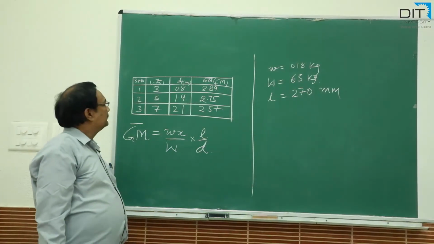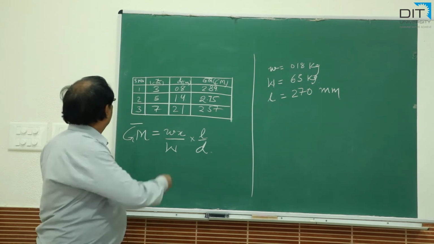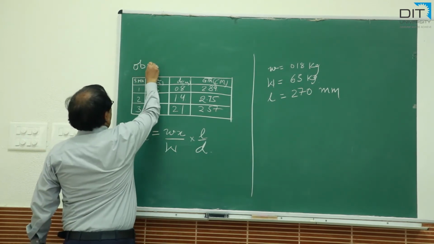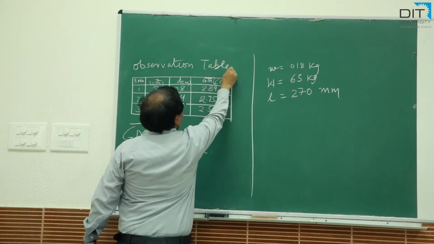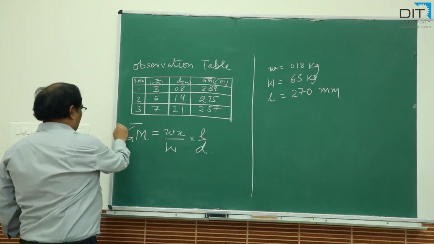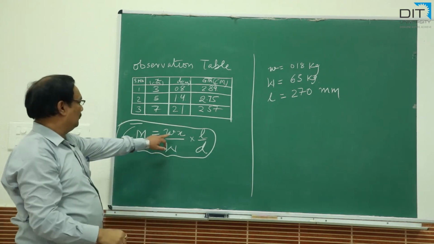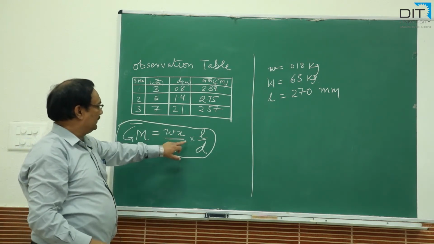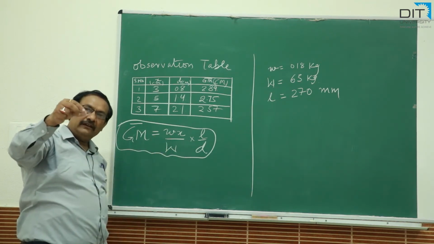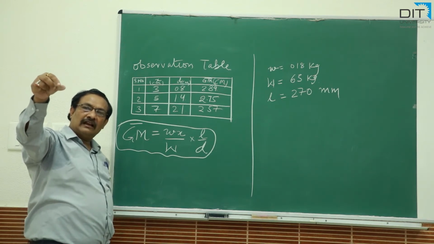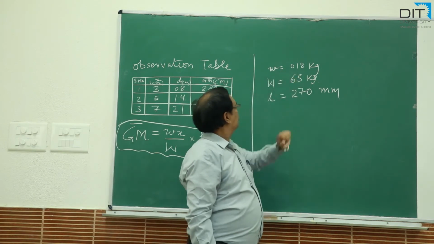We have obtained readings from the setup, and here we made an observation table. As I have already told, the formula for metacentric height is small w into x upon capital W into L by d, where small w is the weight of the small weight which we have put on the side arm of the setup, and that is 0.18 kg.